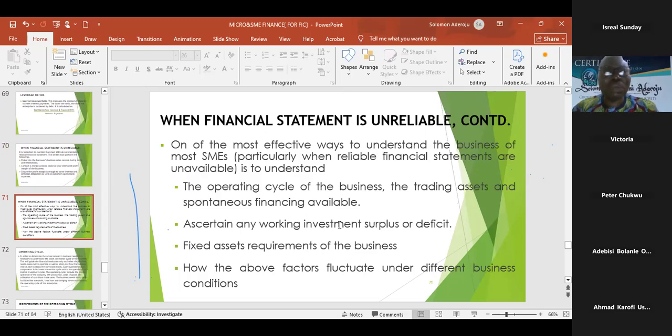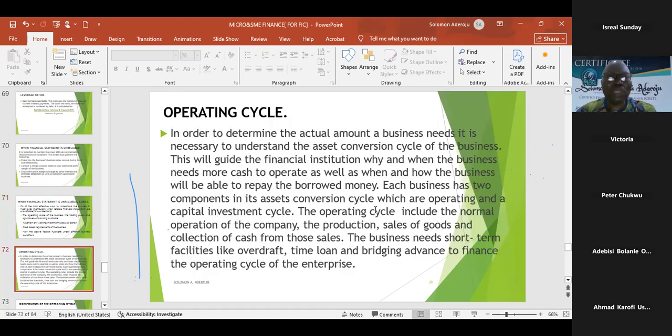One of the effective ways is to understand the business of most SMEs: the operating cycle of the business, ascertain any working capital investment and fixed asset requirements of the business, and how the above factors fluctuate under different business operation activities. What is operating cycle?